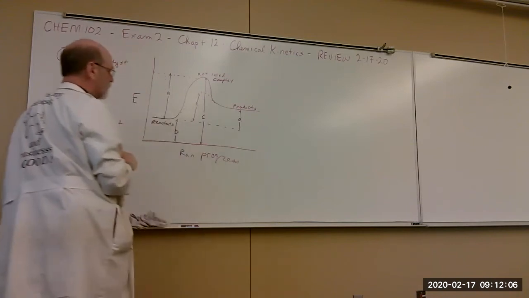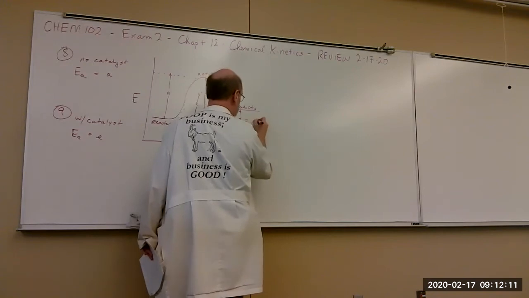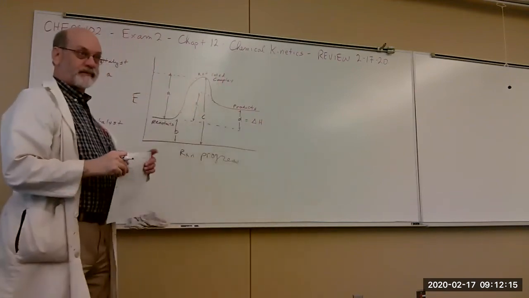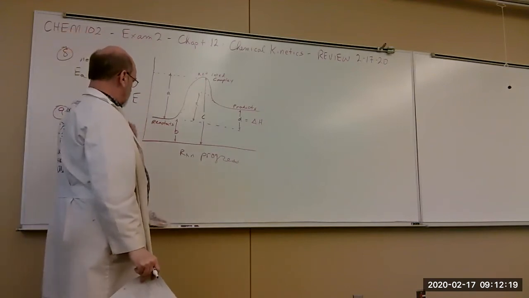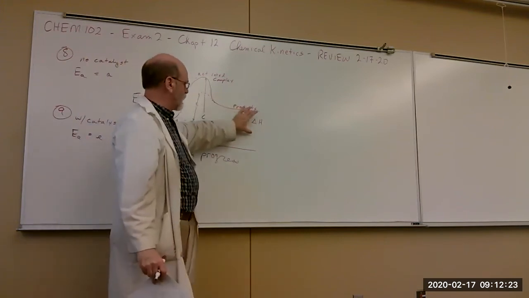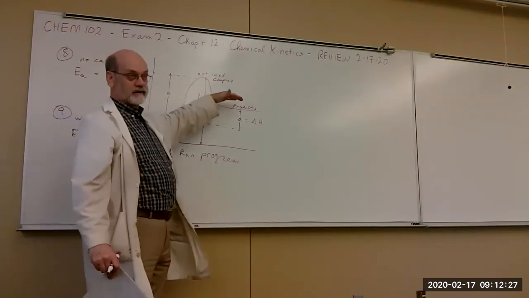Okay, let's identify some other things in here. The D, for instance. D is equal to the enthalpy of the reaction. That's how much energy goes into the reactants. Ultimately, reactants to products stores that amount of energy in the products. In this case, because these are lower and these are higher. Right?